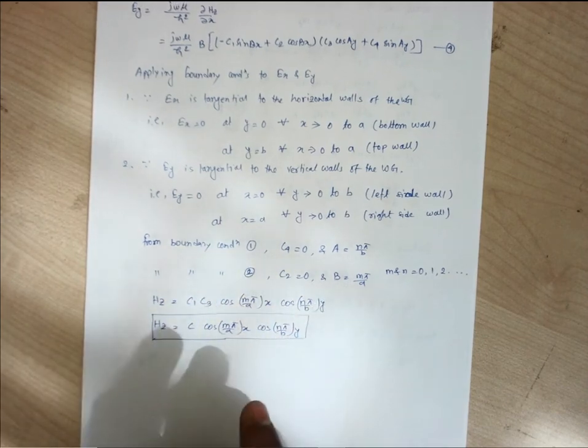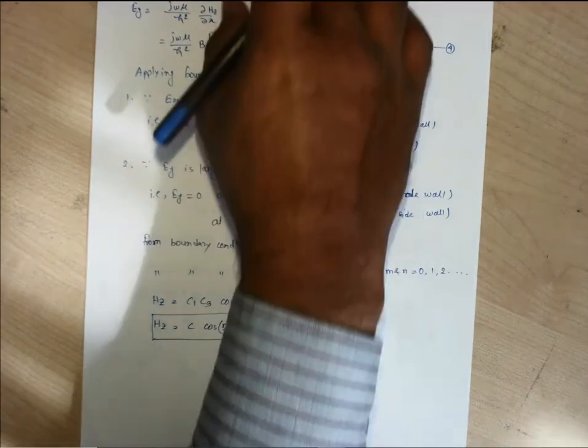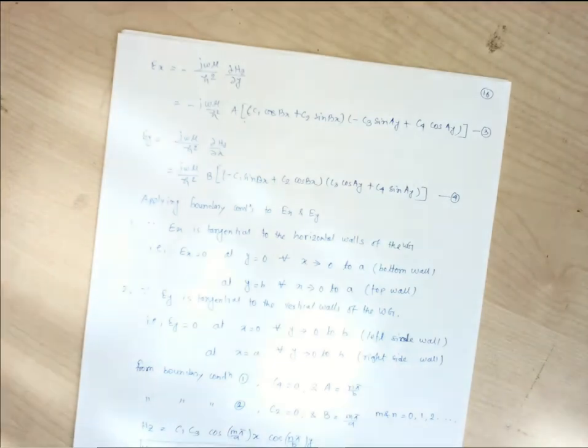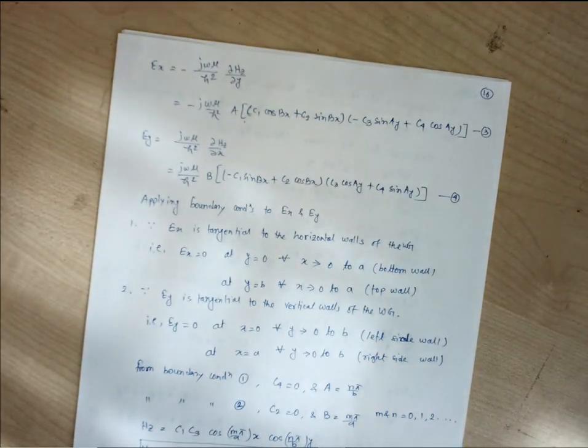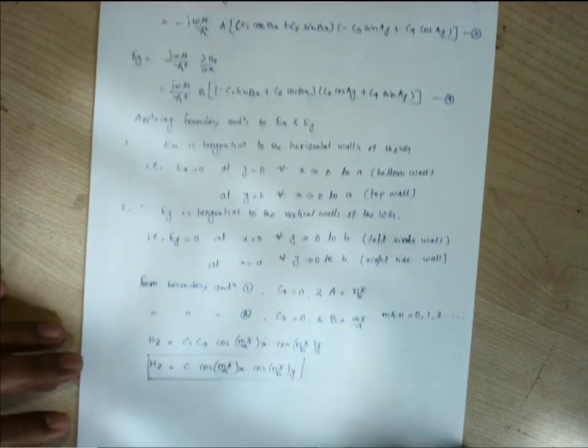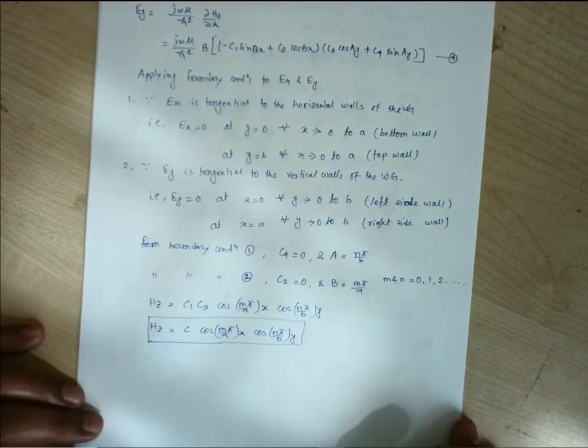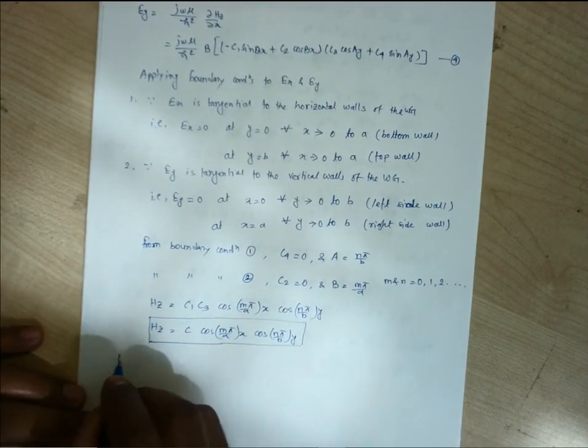Now once we have our Hz, we can again go with del Hz by del y to find Ex, Ey, Hx, Hy. I am just writing all the expressions for the field components.